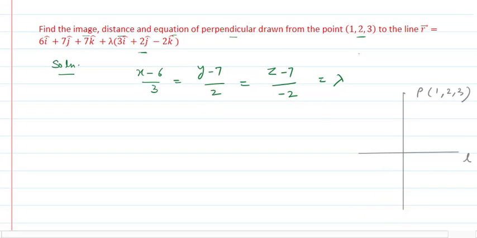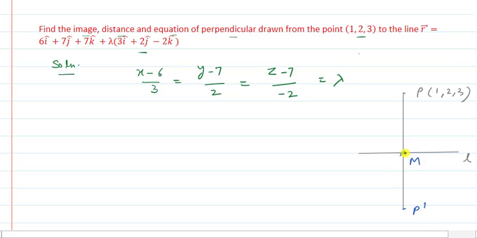Let me say that this P dash is the image of this point (1, 2, 3), and let M be the midpoint. You know that M is the midpoint of PP dash, because P dash is the image of P. So to calculate this P dash, first of all we need to calculate this point M, because if we know the coordinates of M, then by using midpoint section formula we can easily find out P dash.